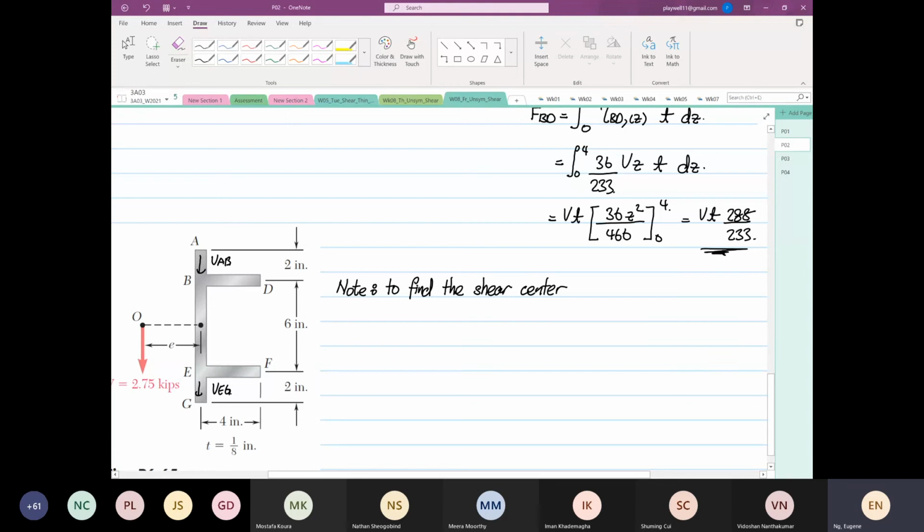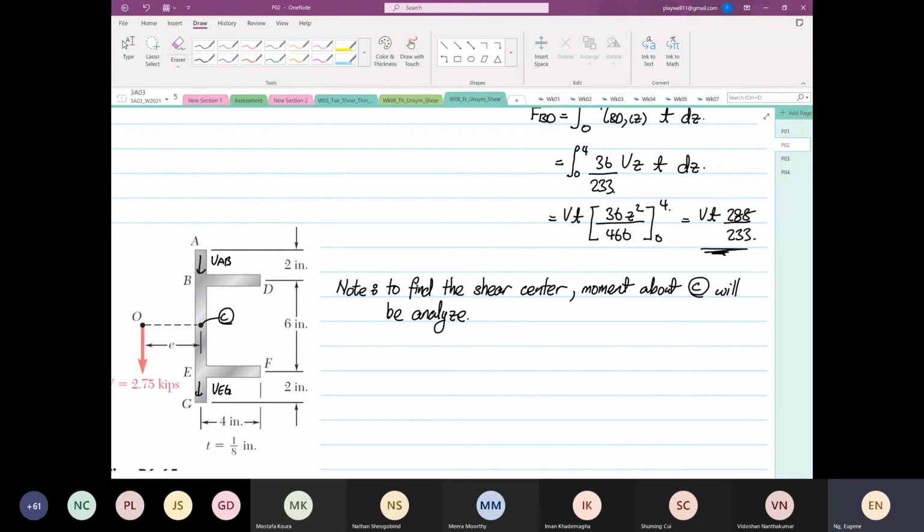To find the shear center, we are going to take a moment about point C. So where is point C? This is point C, which will be analyzed. So what is the problem with VAB and VEG?